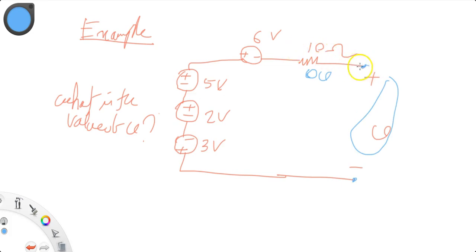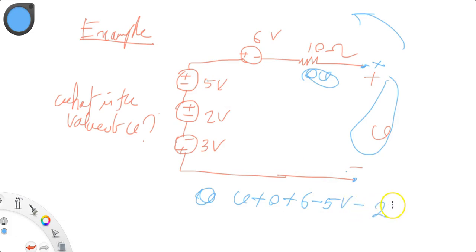Assume that it is a closed loop, so the potential will appear here as V. You apply the KVL here. Traverse this way. So V plus 0, because no current flows, so the current is 0. Then traversing from negative to positive, plus 6 volt, then plus 6 volt, then this will be minus 5 volt, this will be minus 2 volt, then plus 3 volt, equal to 0.